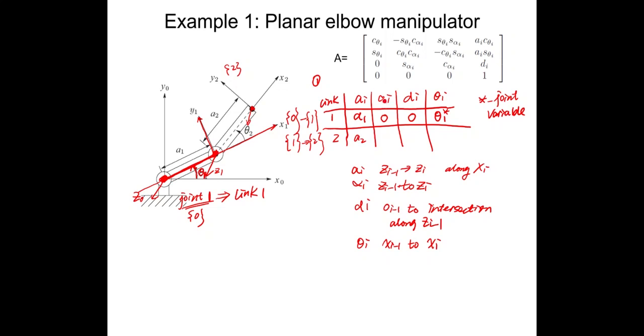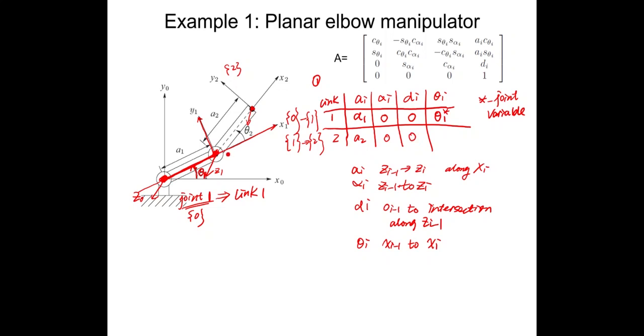And my alpha I again means the rotation from Z1 to Z2 in this case, and they're parallel, so that is 0. And d I means the distance between O1 and the intersection of Z1 and X2. Here I have my Z1 and X2, and they're at the same point, so my d I is 0.